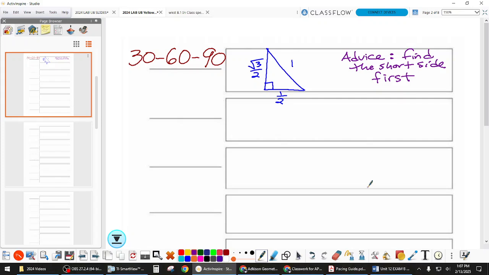Like, you didn't like the way I did it the other day, so let's try to do it better. So here's what we need to write down. If you're given the hypotenuse, how do you get the short side? If you're given the leg, the long leg, the medium side, how do you get the short side? So how can we word that to help you? Do you like the "if you're given," or do you like "to find"? "If you're given," okay.